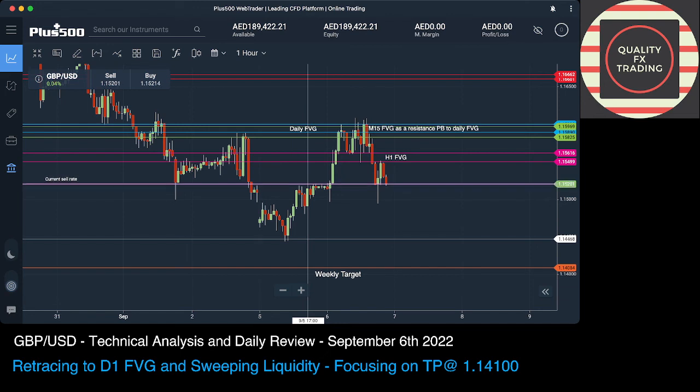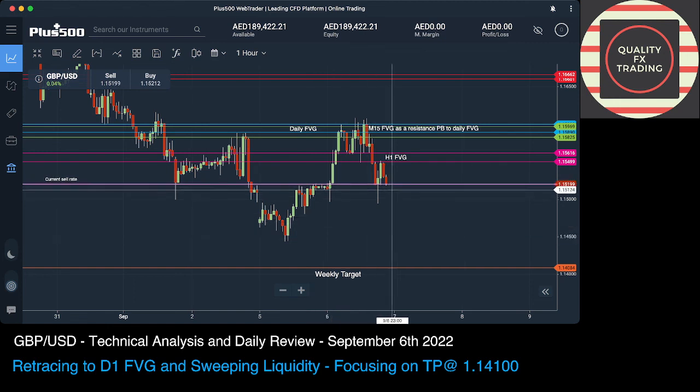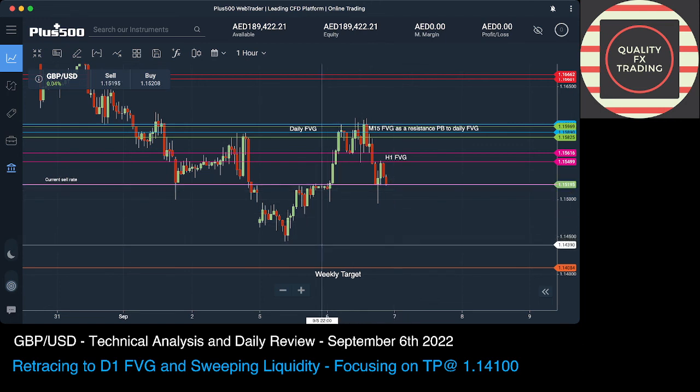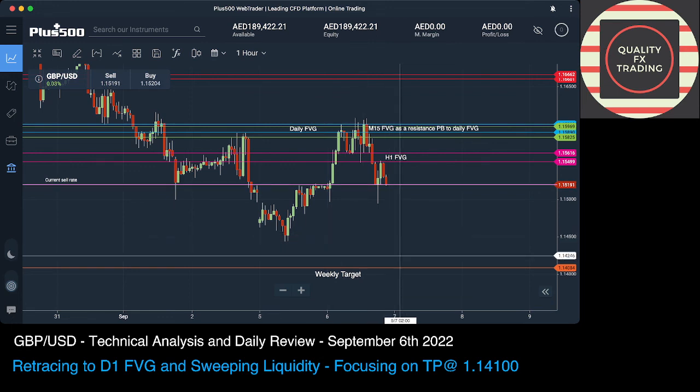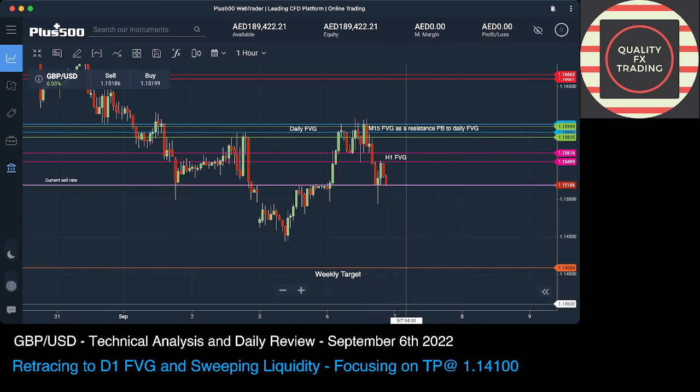So 1.14500 is our next goal. Price is trying to go down to hit this low, and then either by today or by tomorrow we should reach this weekly target.